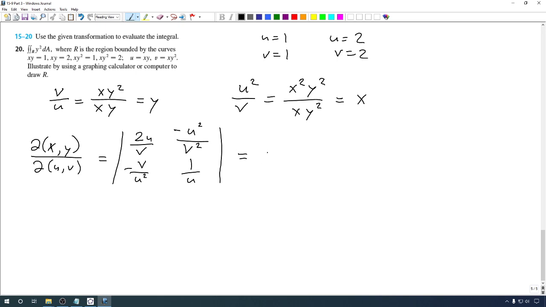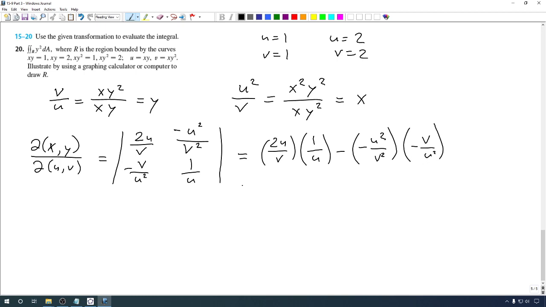We cross multiply, so we get a 2u over v times a 1 over u, minus a negative u squared over v squared times a negative v over u squared. Of course, here we have a u and a u on the bottom. Those cancel out.